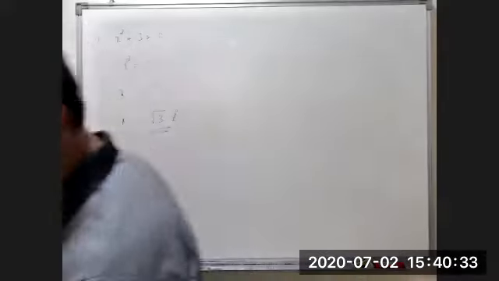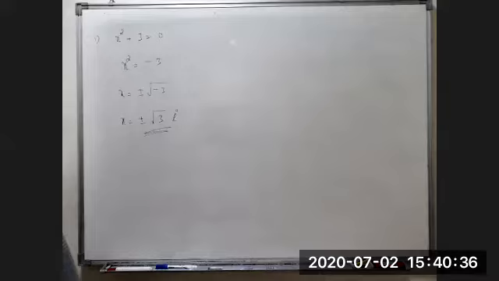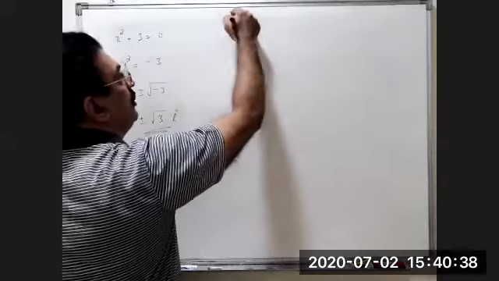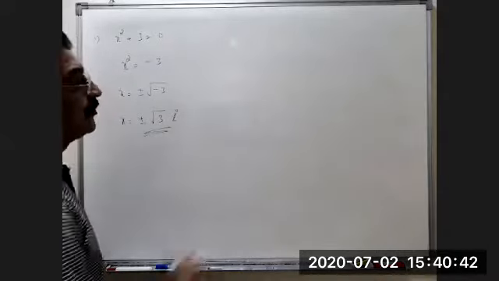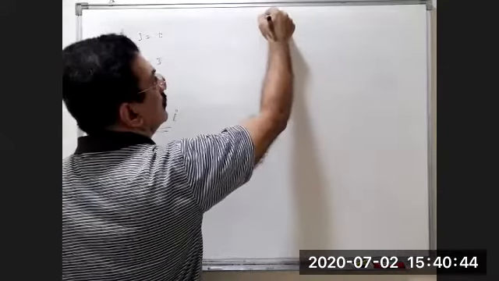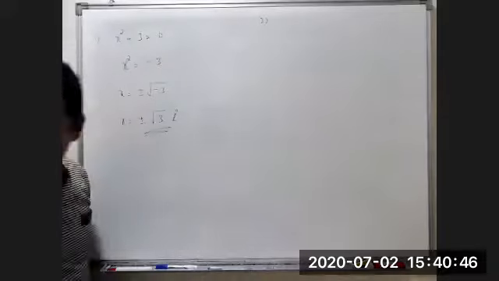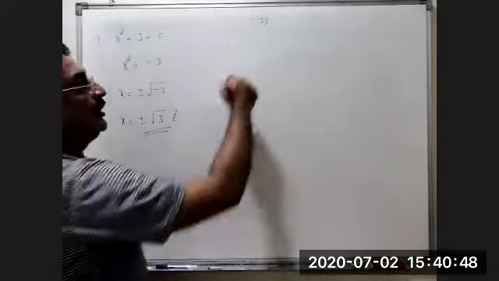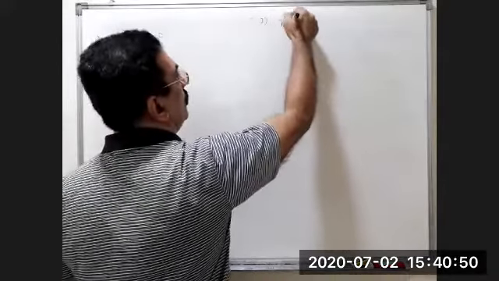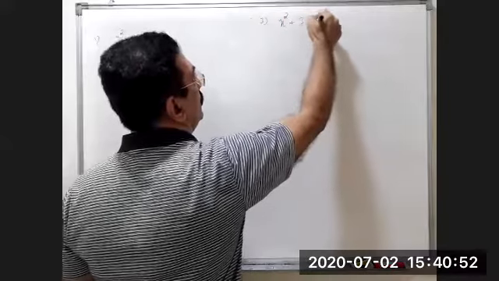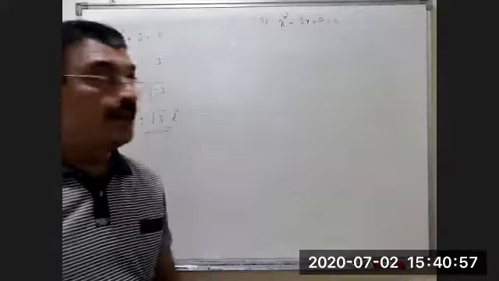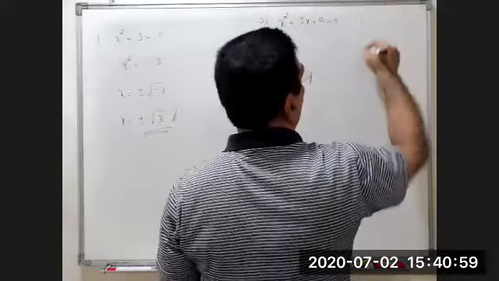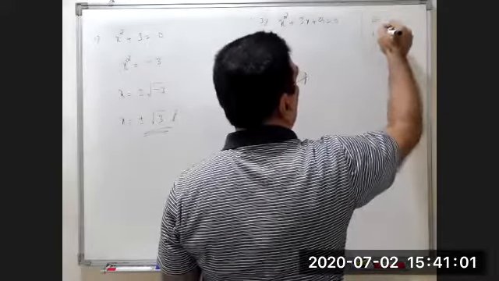Now we will do question number 3. It is x squared plus 3x plus 9 is equal to 0. You read last year quadratic equation ax squared plus bx plus c. So here, what is a, b, and c?